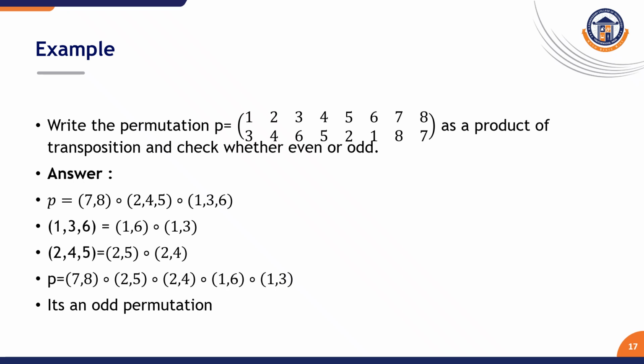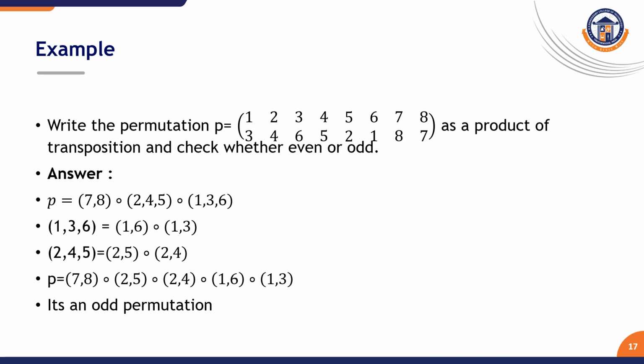Write the permutation P defined like this as a product of transpositions and check whether it is even or odd. Now from this permutation, 1 is mapped to 3, 3 is mapped to 6, 6 is mapped to 1, and 2 is mapped to 4, 4 is mapped to 5, 5 is mapped to 2. And the remaining elements 7 and 8 are mapped to each other.